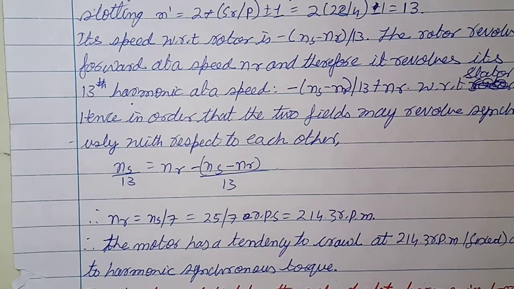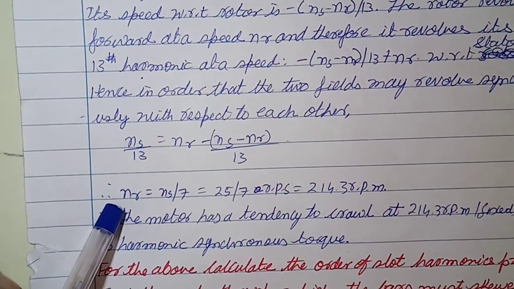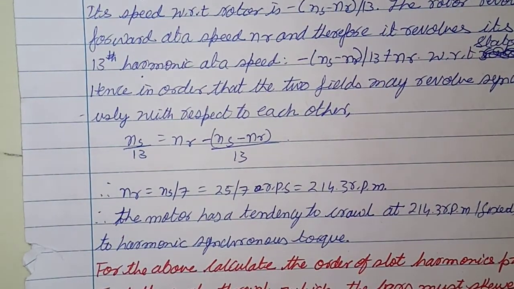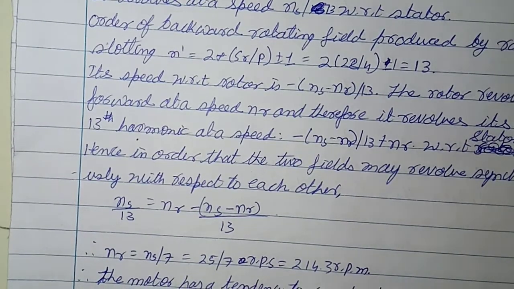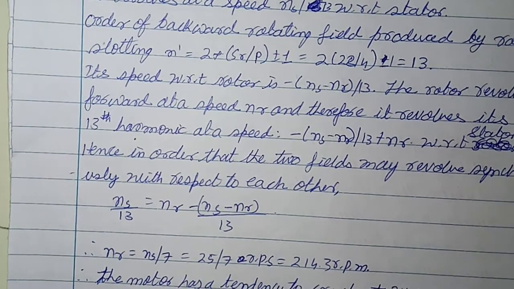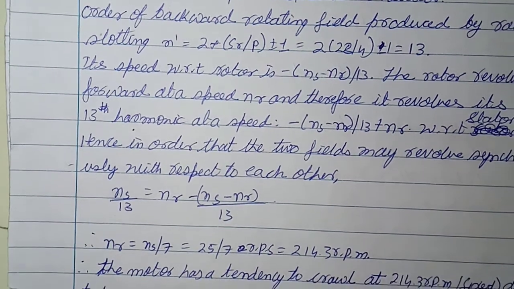On solving that, we get nr is equal to ns by 7, so it is 25 by 7 rps, which is equal to 214.3 rpm.